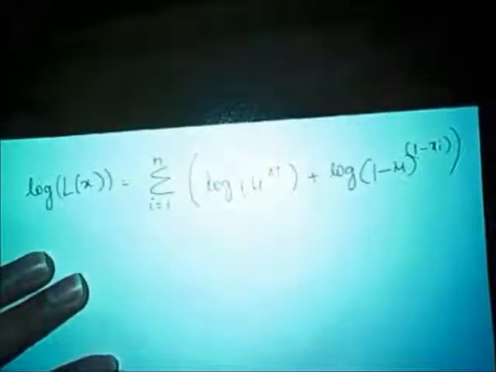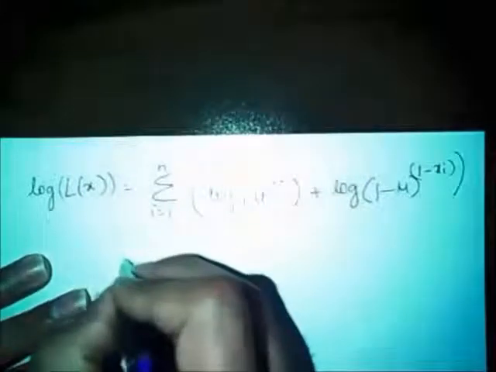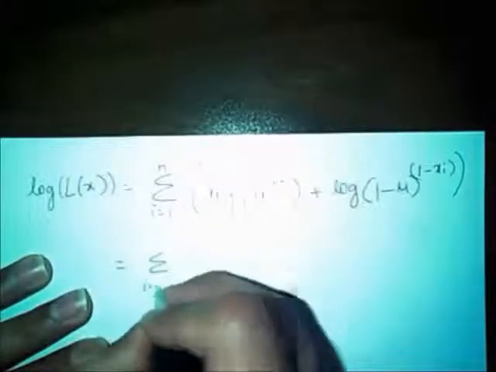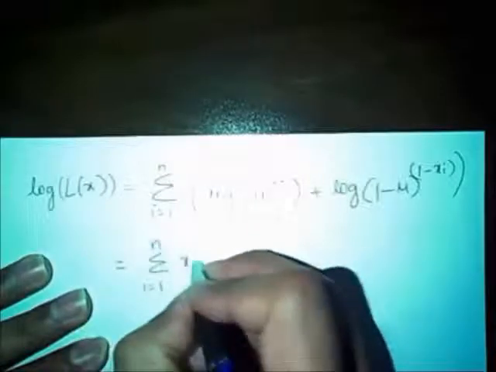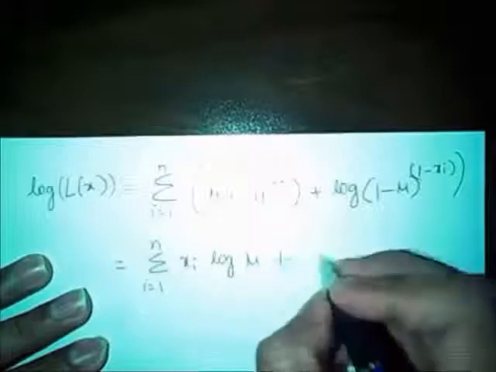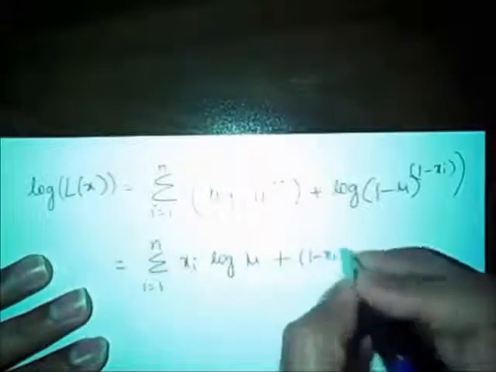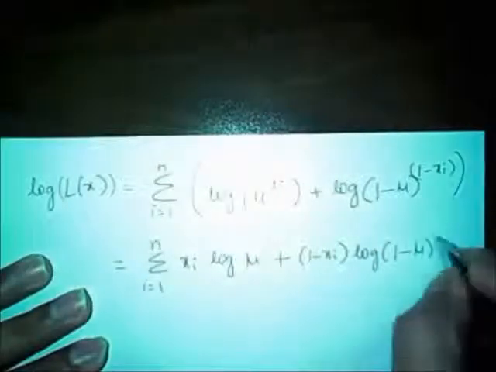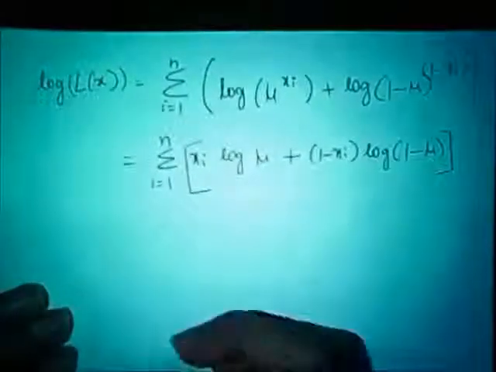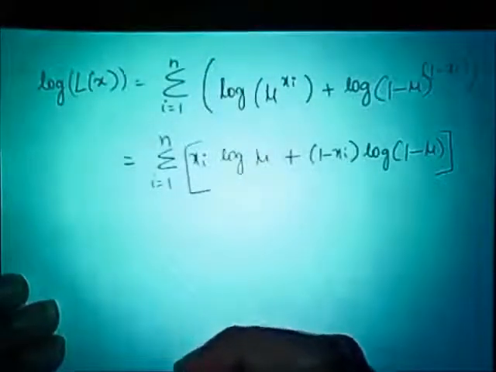This is what we have ended up with, and as we know, this is going to be equal to... Now how do we maximize the log likelihood function?